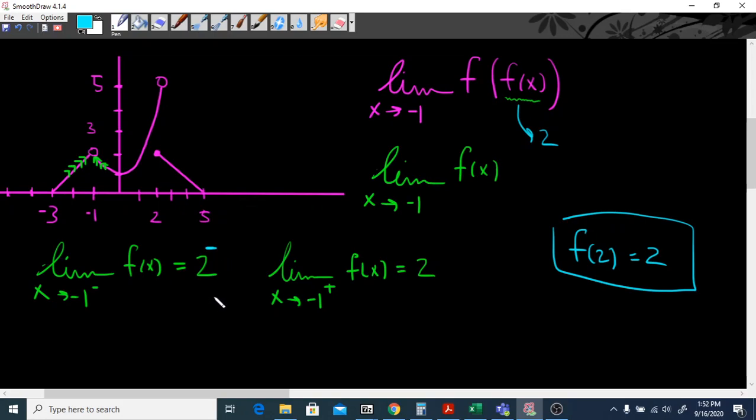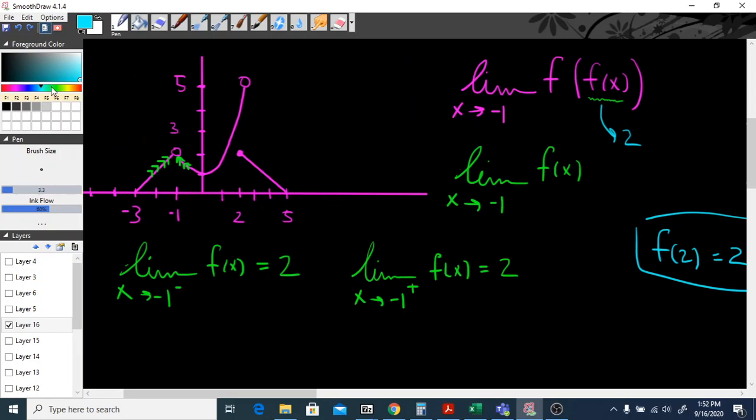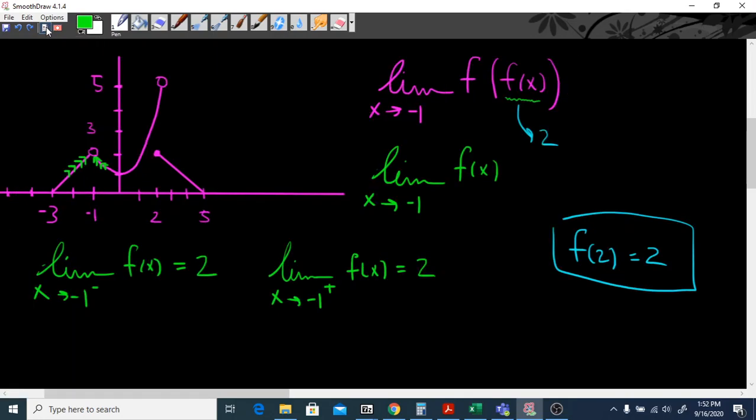I'm going to go back to green. Y is approaching 2 from below. Same thing for the right-hand limit. The right-hand limit, nothing goes above 2. In fact, nothing even touches 2. So this is approaching 2 from below.